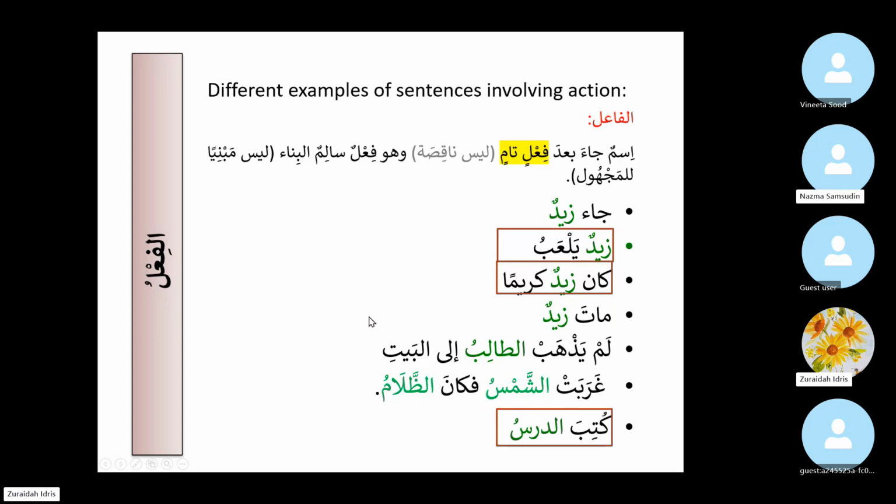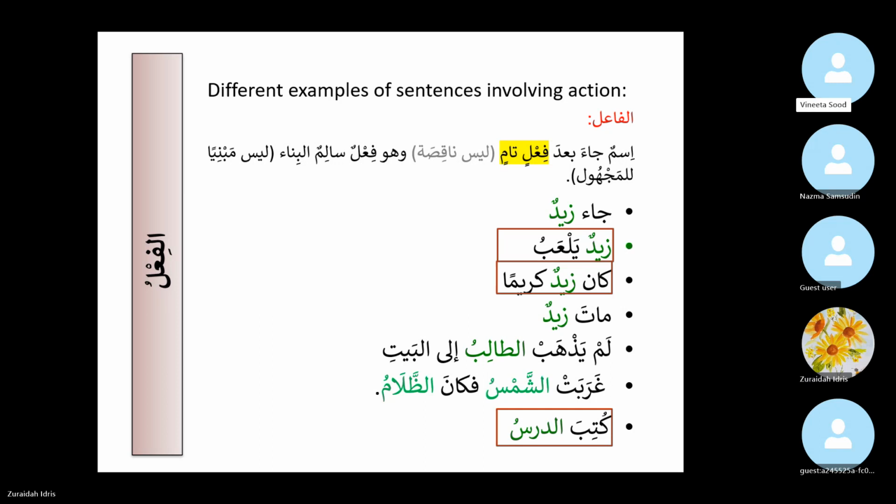Just like when you say kun fayakun. When we say kun fayakun, this is from the Quran. Which one is tam, do you think? And which one is naqis?